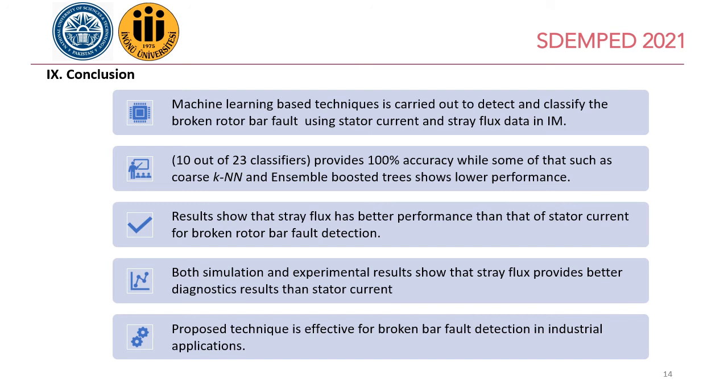Some, such as coarse KNN and ensemble boosted tree, show lower performance for the stator current, but these algorithms show greater performance for the stray flux. The result shows that stray flux has better performance than stator current for broken bar faults in the induction machine. Both simulation and experimental results show that stray flux provides better diagnostic results than the stator current. The proposed technique is effective for broken bar fault detection and in industrial application.